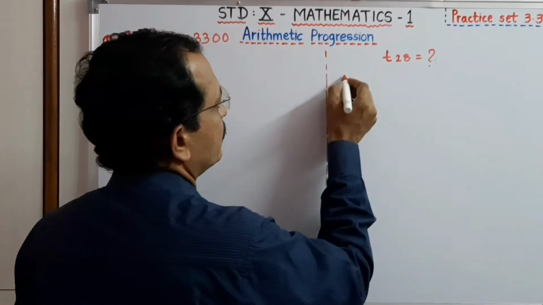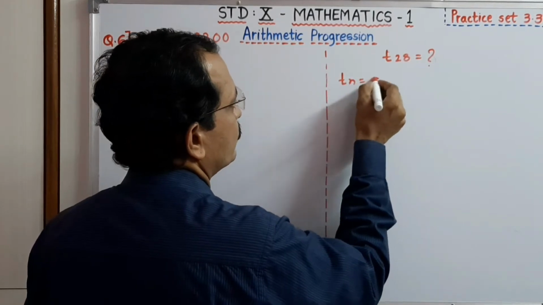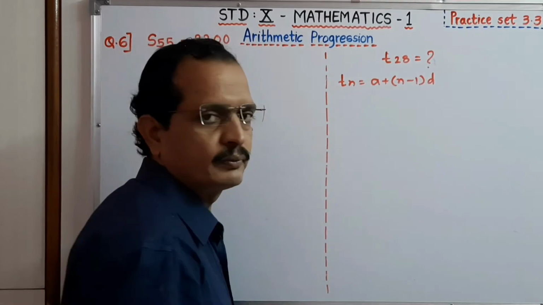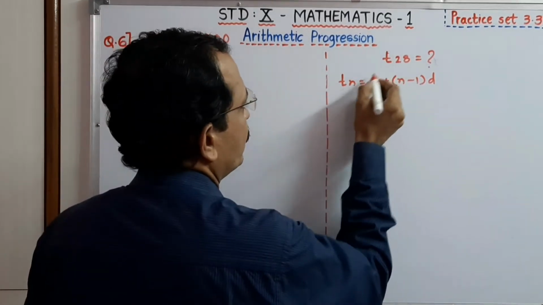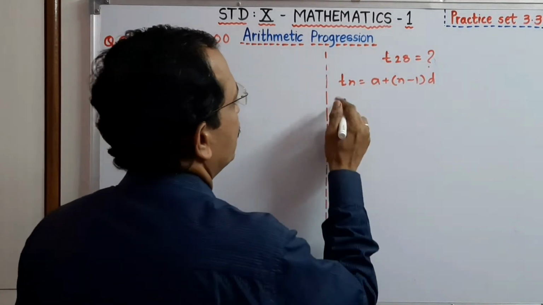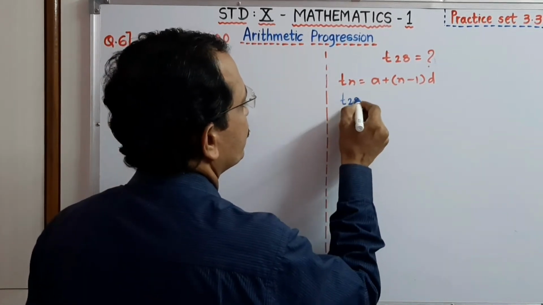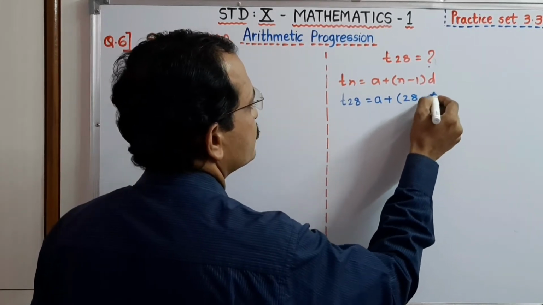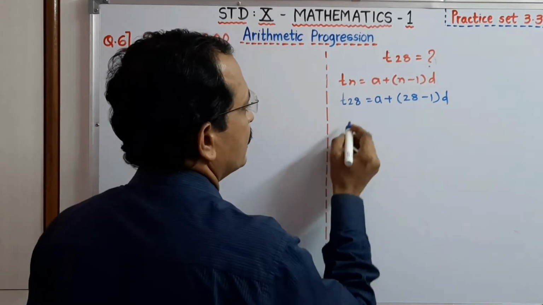For that purpose, which formula can we use? We can use here Tn is equal to a plus n minus 1 into d. Here we have to find out T28, therefore we can write T28 is equal to a plus 28 minus 1 into d.